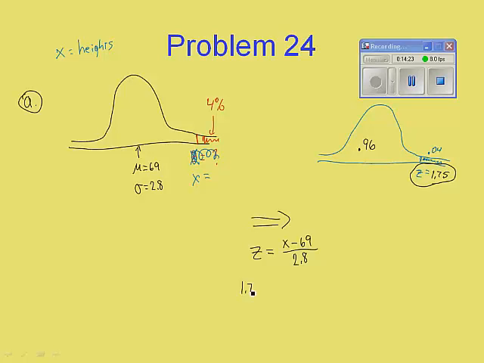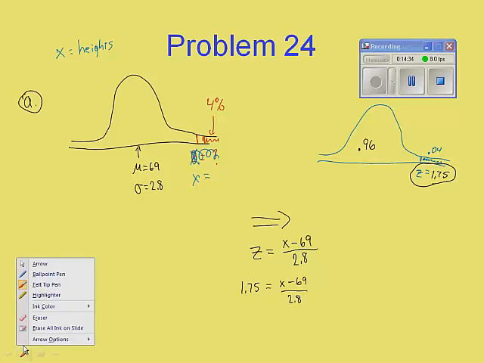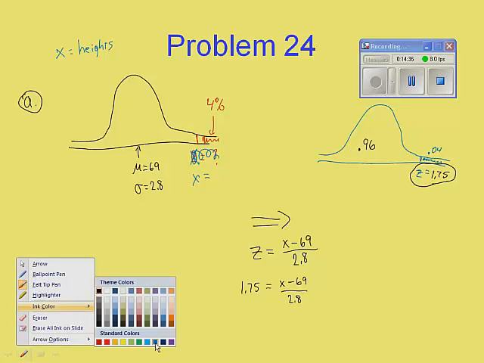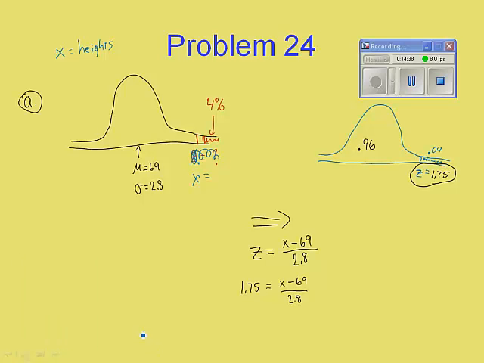So I could put 1.75 right here: x minus 69 over 2.8. Now I'm relying on an algebra skill or two here, because you have to solve for x.